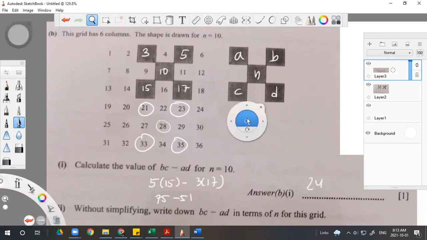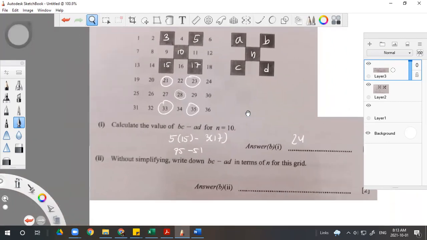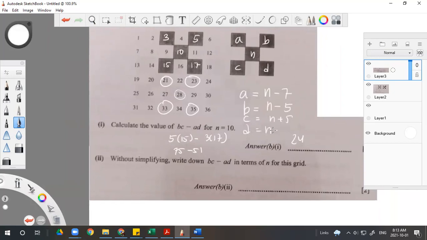Without simplifying, write down BC minus AD in terms of n. So in terms of n kita harus tahu dulu A, B, C, D-nya. Ini cuma kayak dilanjutin. A equals n minus 7, right? Ini ya, 10 to 3. B equals n minus 5. Oke, 10 ke 5 kan dikurang. C, n plus 5. D, n plus 7.